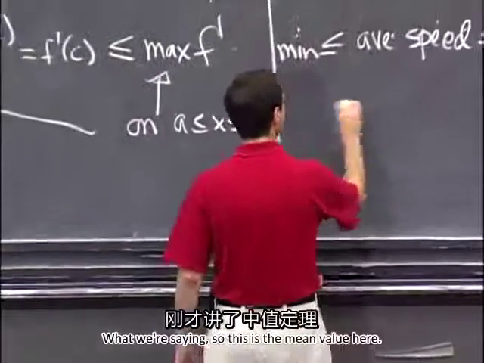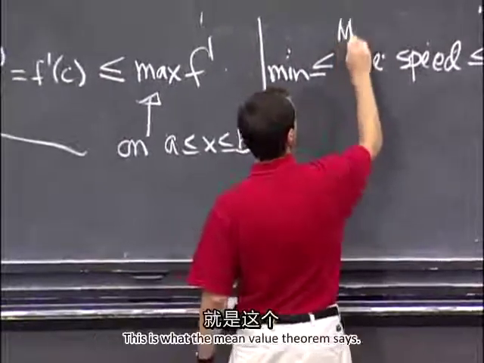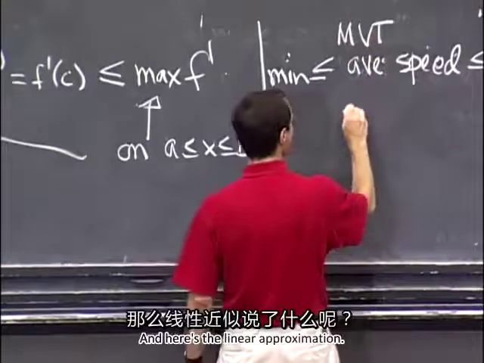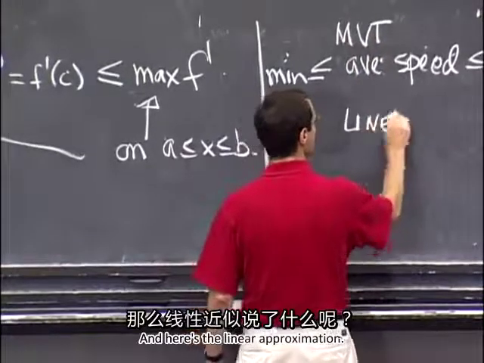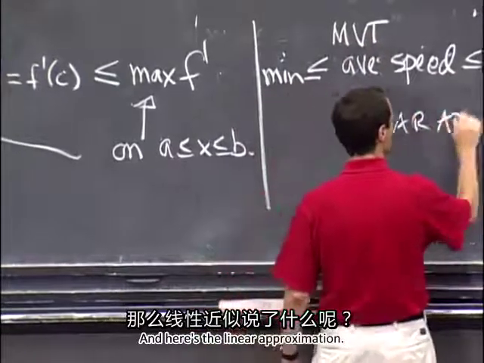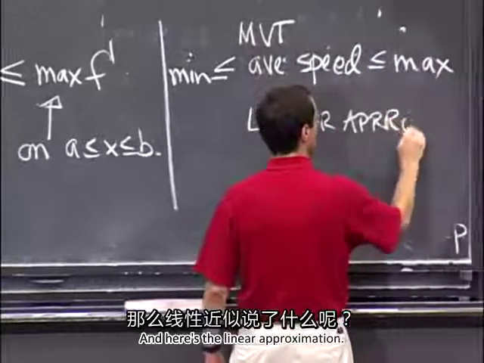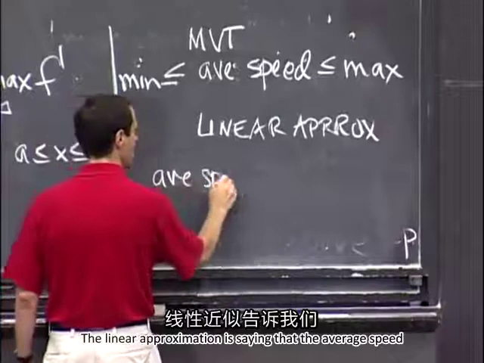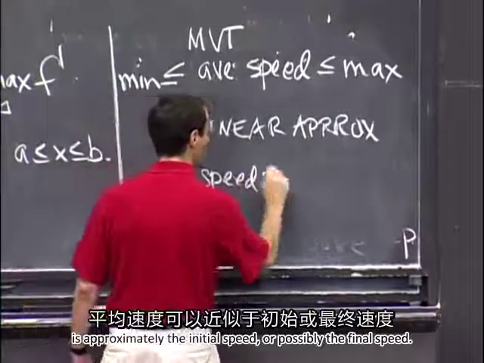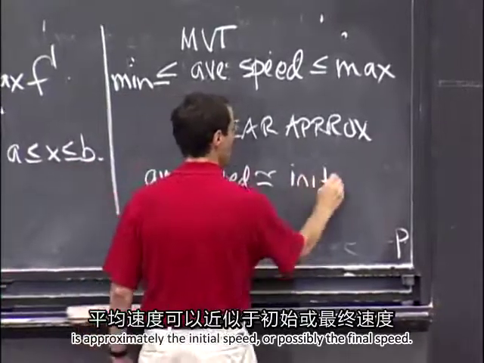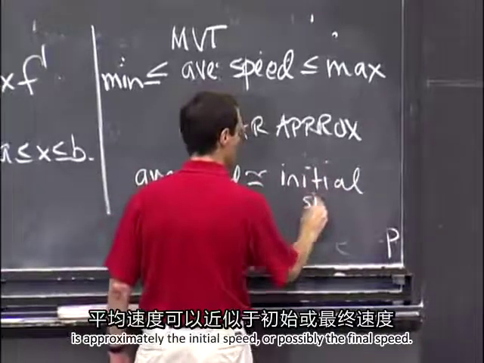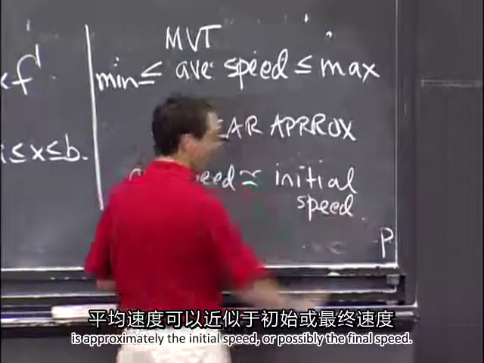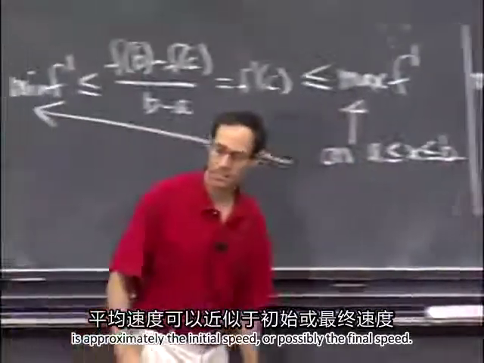What we're saying, so this is the mean value theorem. This is what the mean value theorem says. And here's the linear approximation. The linear approximation is saying that the average speed is approximately the initial speed, or possibly the final speed.